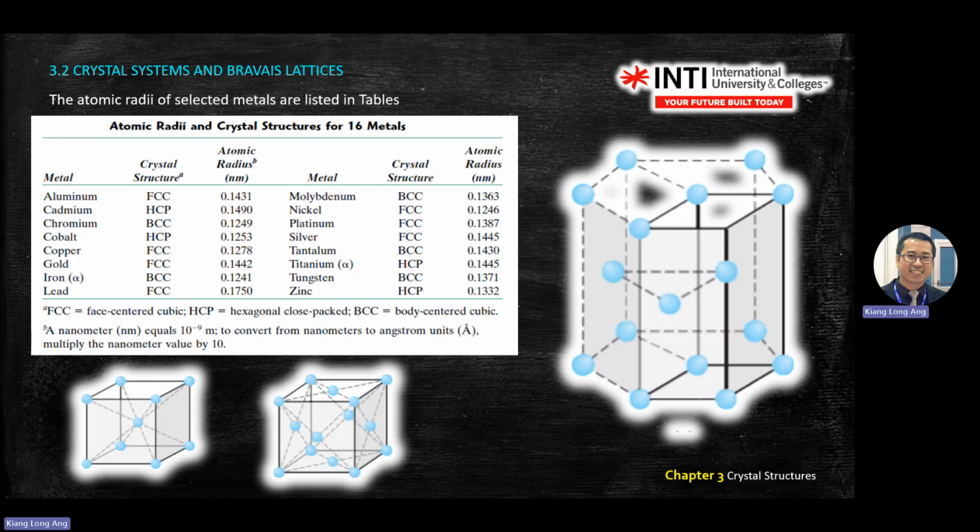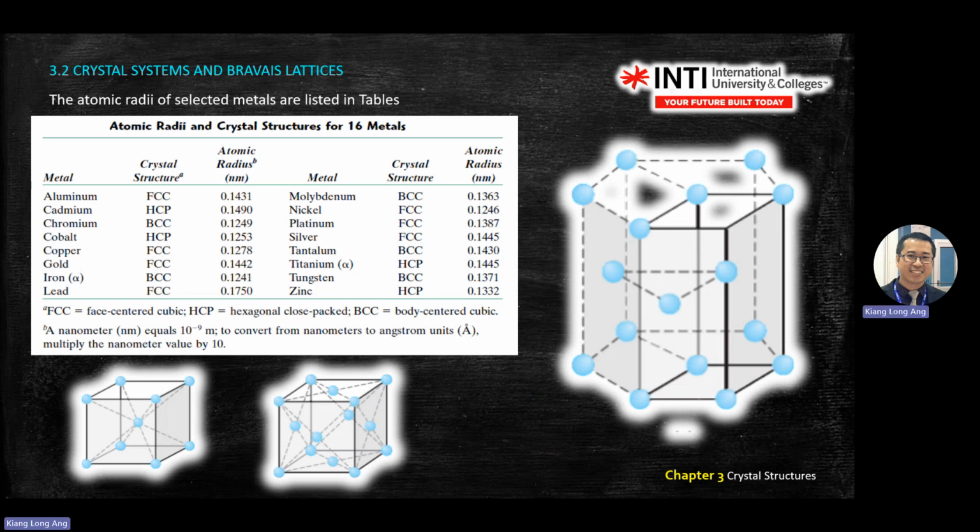So this is another table. Sometimes we will give you this table when you arrive at a certain calculation. So for example, aluminium is FCC, the radius is A, and so on. So just now, the few tables you see, they are separated, they are organized as BCC, FCC, or HCP.